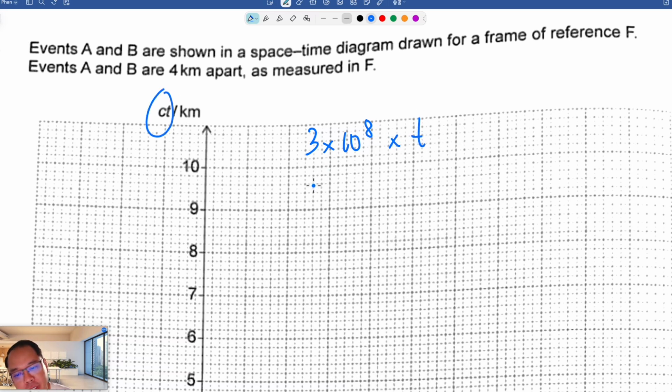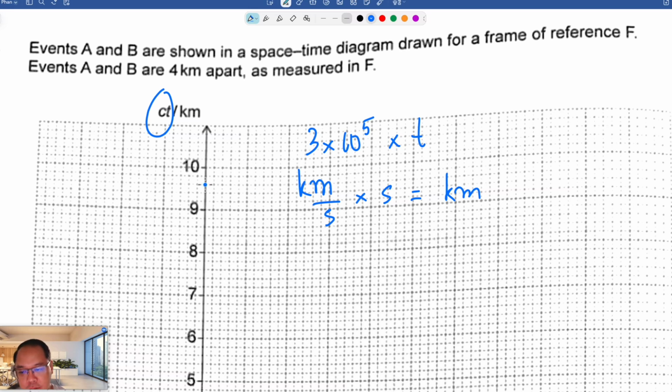The speed is measured in meters per second, and when we multiply with the time in seconds, we get meters, or we can convert that into kilometers, 10 to the power 5 kilometers per second. Multiply with the time, we get kilometers.